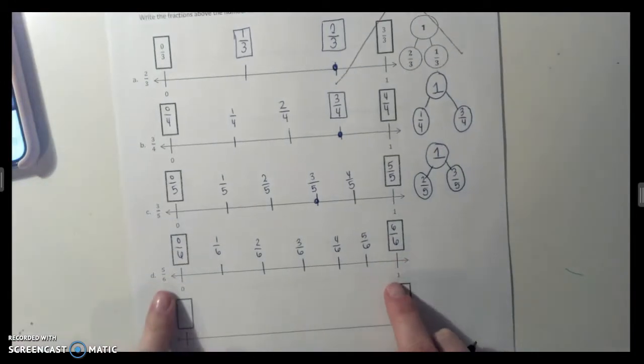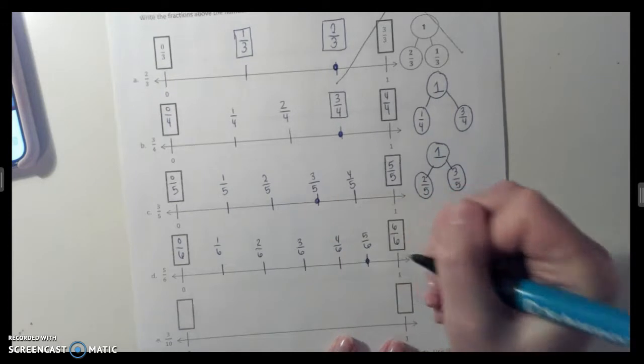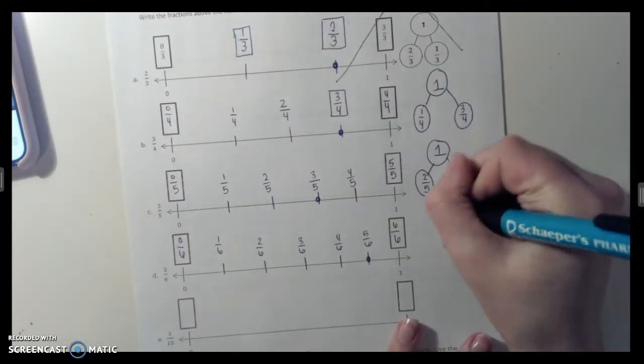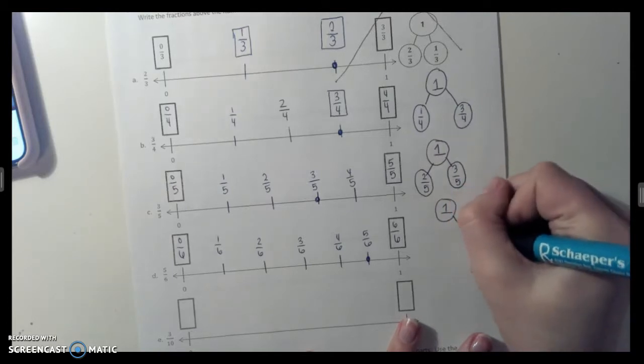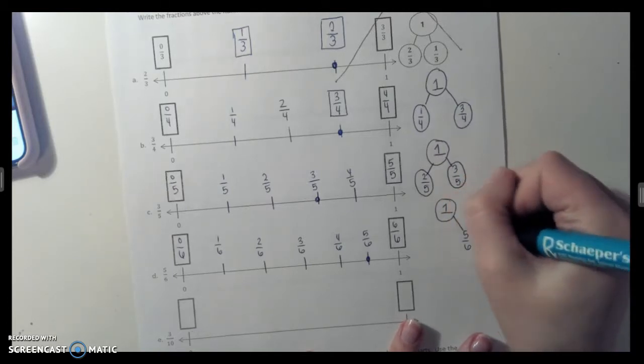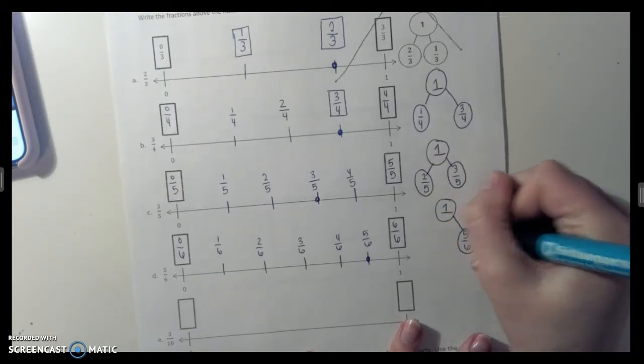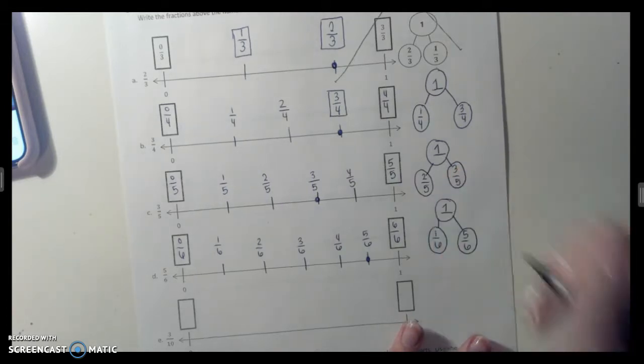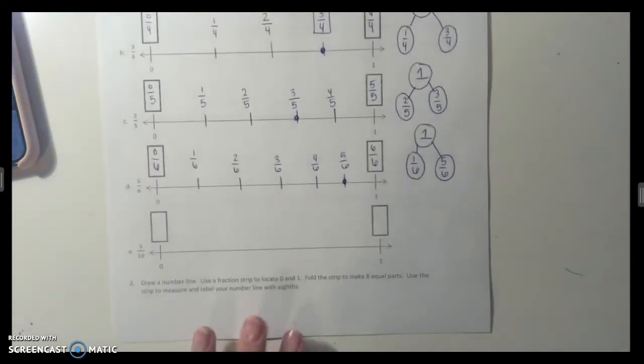They want us to recognize 5/6. We'll darken that black dot right there. And now our number bond. Our number 1, they gave us 5/6. And how many more do we need to make a whole? We need one more sixth. So 1/6 would be our other part of that number bond.